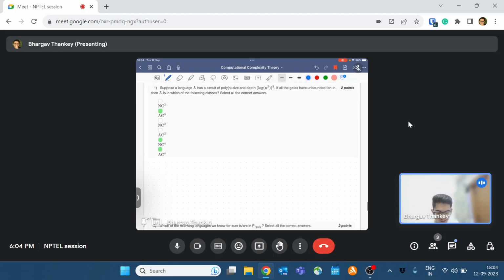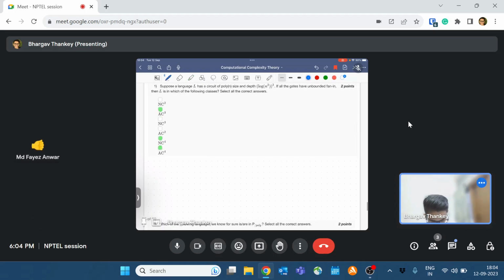So yeah, let me just write this down. So the depth is equal to (log n square) cube, right? Now log n squared is just 2 log n. So the depth is order log cube n.